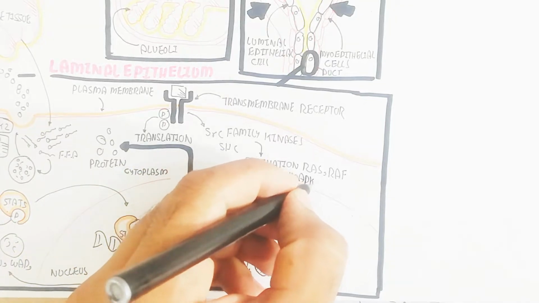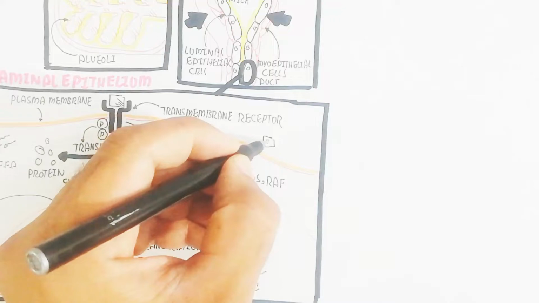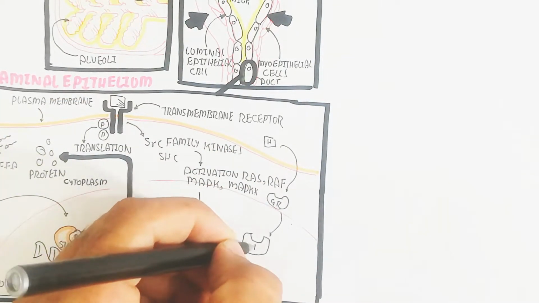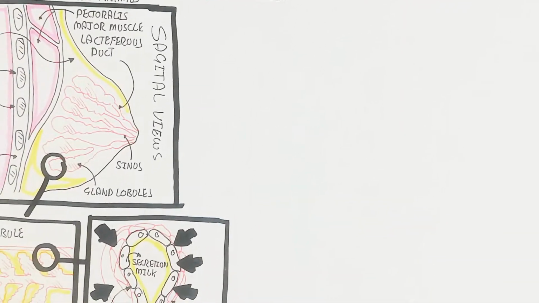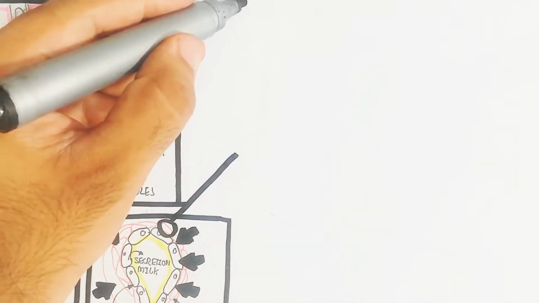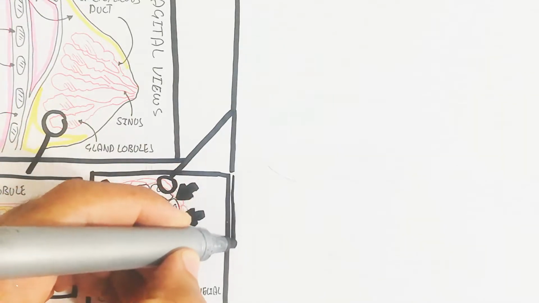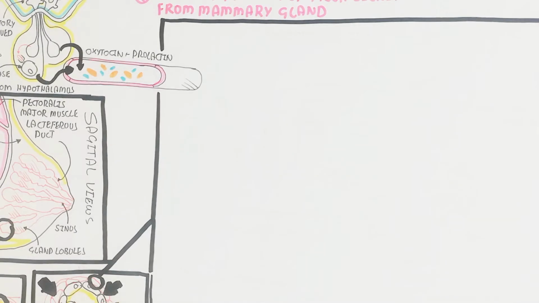And in this way, the growth receptor will bind with the growth hormone, also any hormone, estrogen, sorry, and this estrogen will bind with the growth receptor for the growth of the mammary gland.